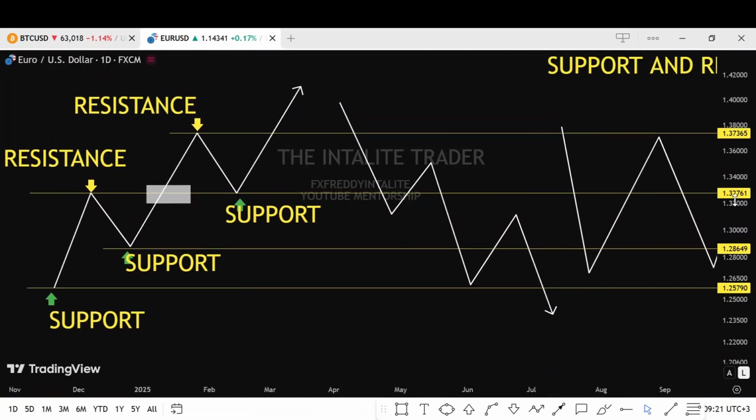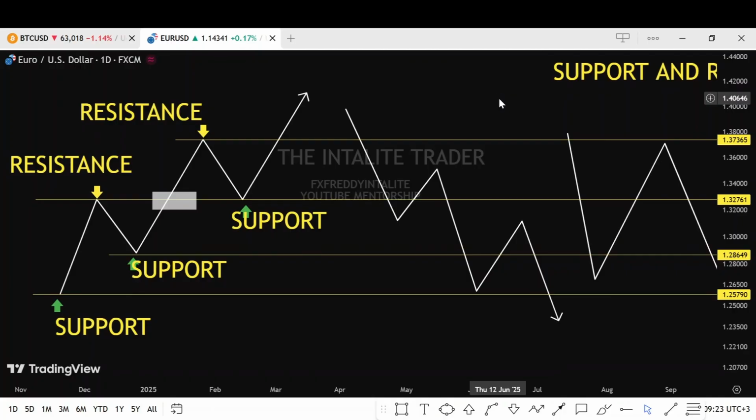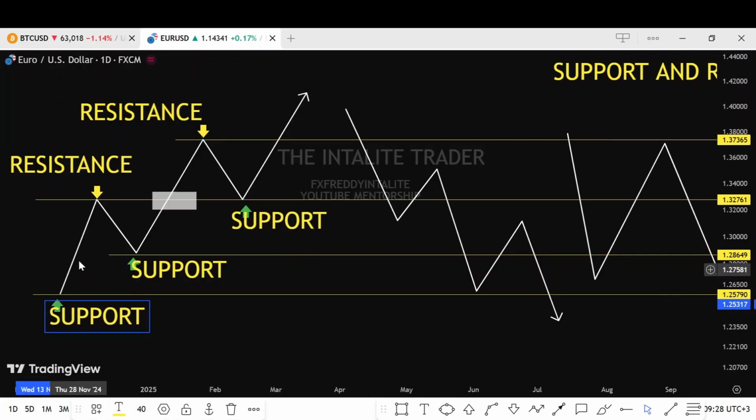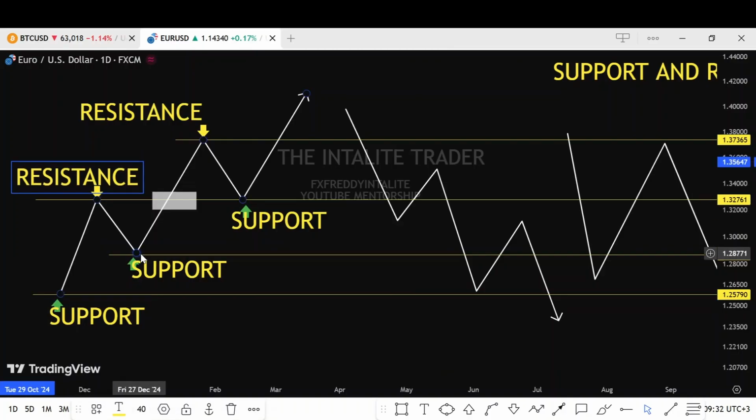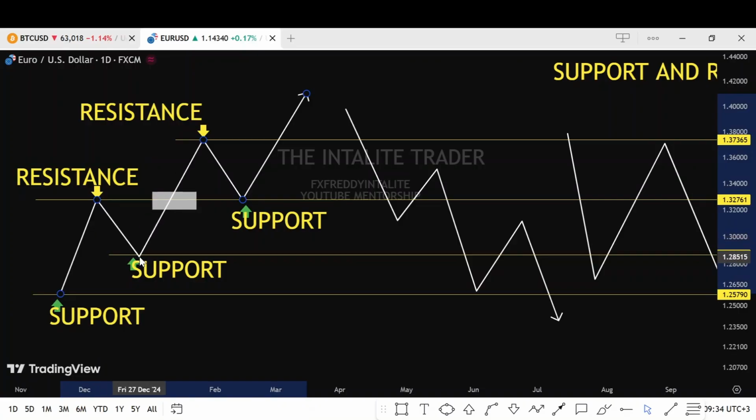We are looking at support and resistance. So price started here and went up. It rested where it pulled back. So this becomes resistance, and after resting, after pulling back at this point, it becomes support.